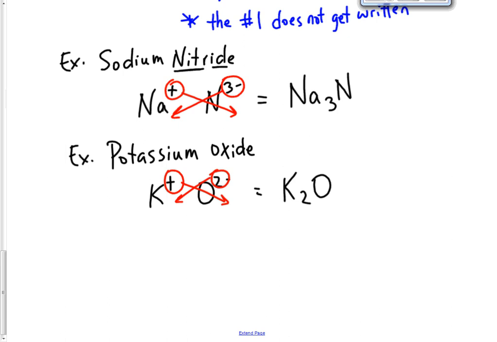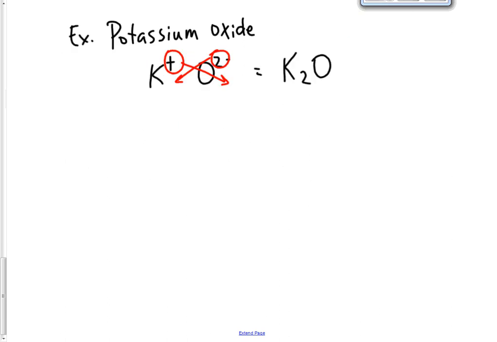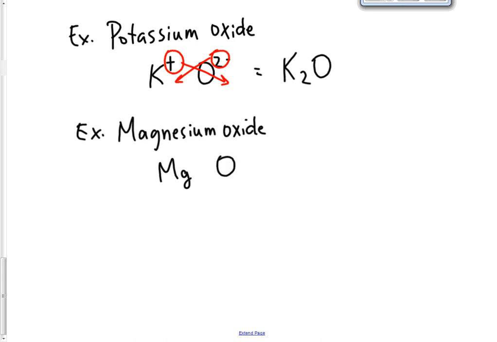Now let's do one a little bit different. Magnesium oxide. Magnesium is Mg, oxygen is O. When you look at their charges, it's a 2 plus and a 2 minus. We're going to do a little math here.